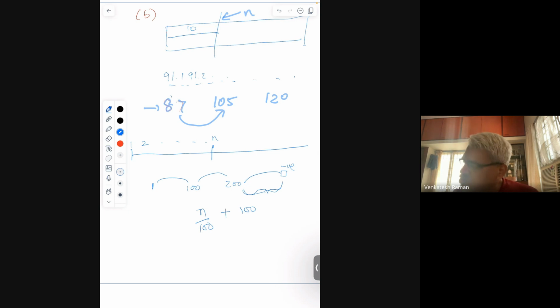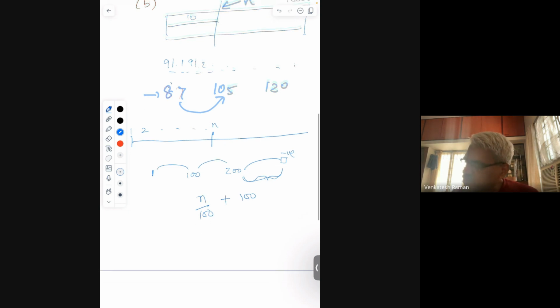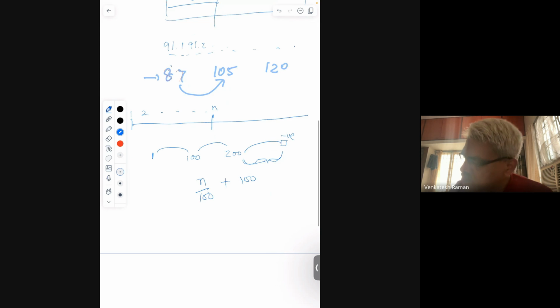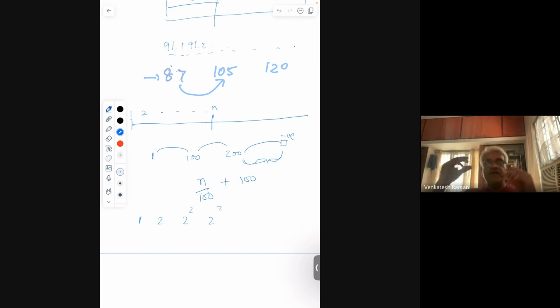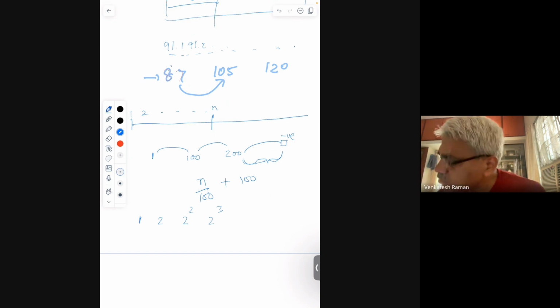So this is what we are going to do. I'm going to start with searching at location 1, location 2, location 2 square, 2 cubed. What am I checking? Whether it's positive or negative. n is somewhere here.